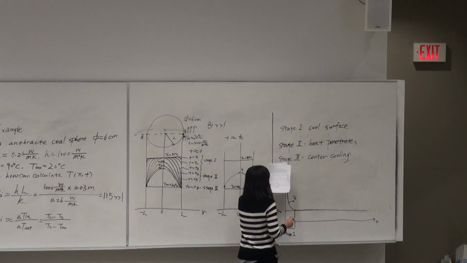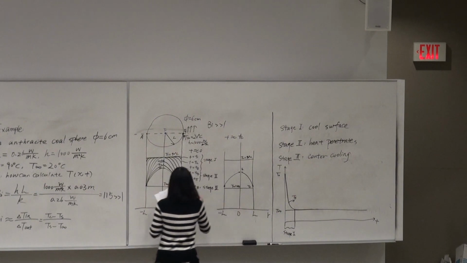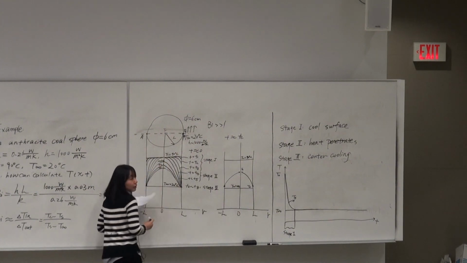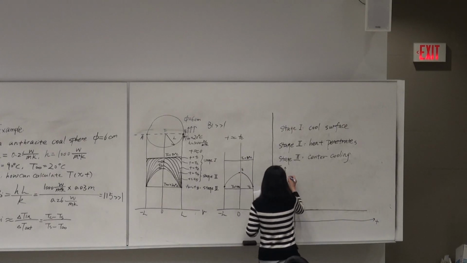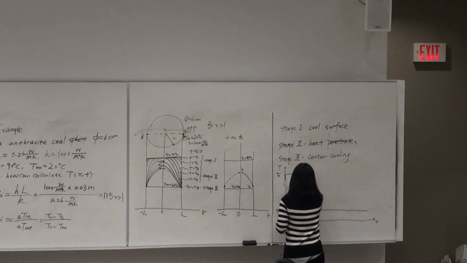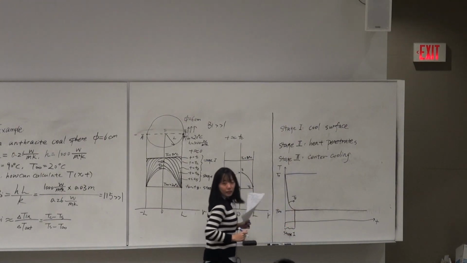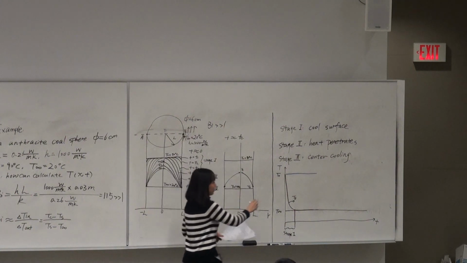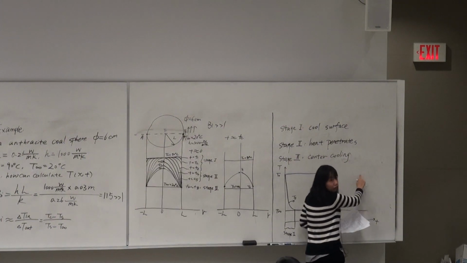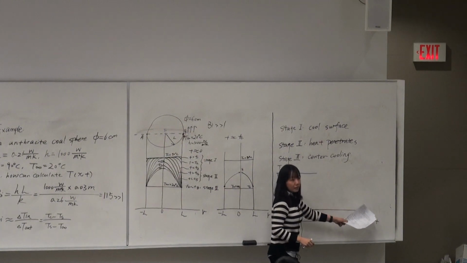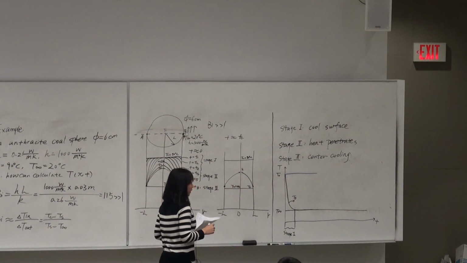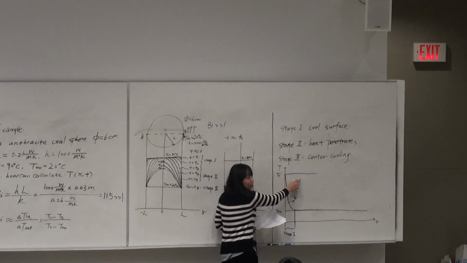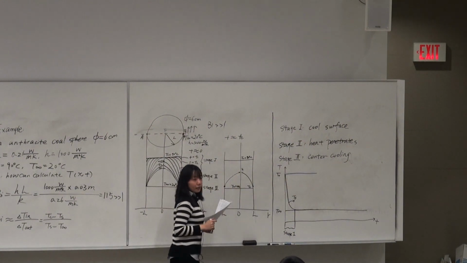Now, how about center temperature? The blue point here. It keeps flat for a period of time. Until what? Should it be a horizontal line always? No. Because we know at the very end, everything should be cooled down to the temperature of infinity. Then what happens next for our center?